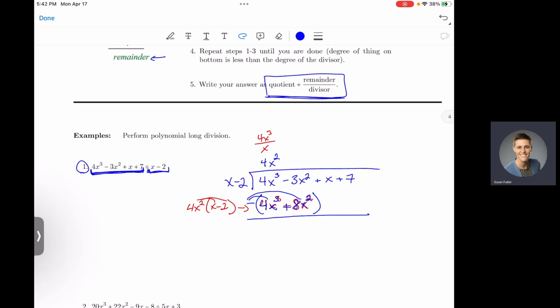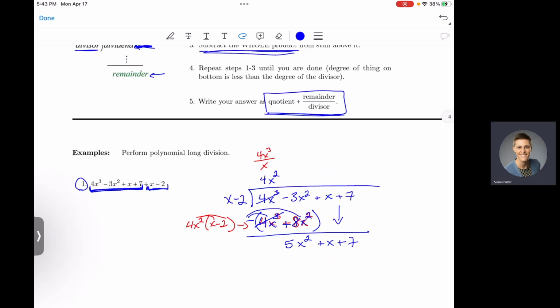So 4x to the third minus 4x to the third, those are going to cancel. That should always happen to your first piece. Negative 3x squared minus a negative 8x squared becomes negative 3x squared plus 8x squared, which is positive 5x squared. These guys will come down because technically you're subtracting 0 from them. So we'll have plus x plus 7 here.